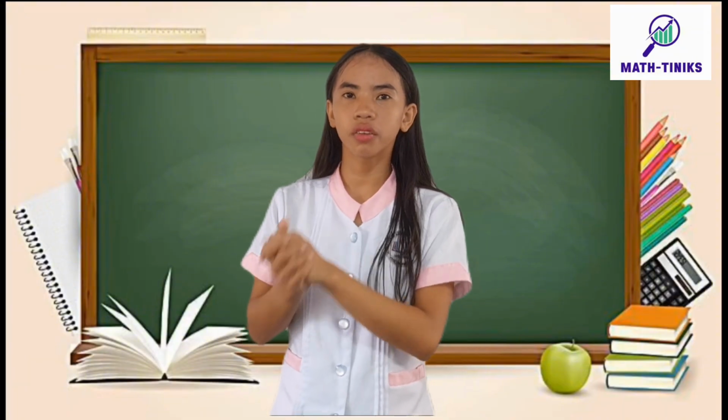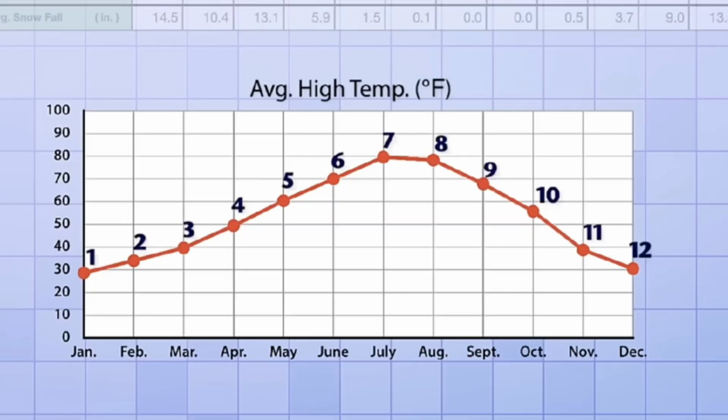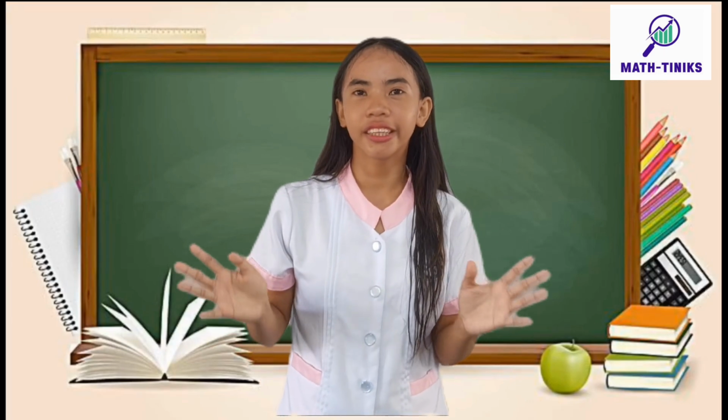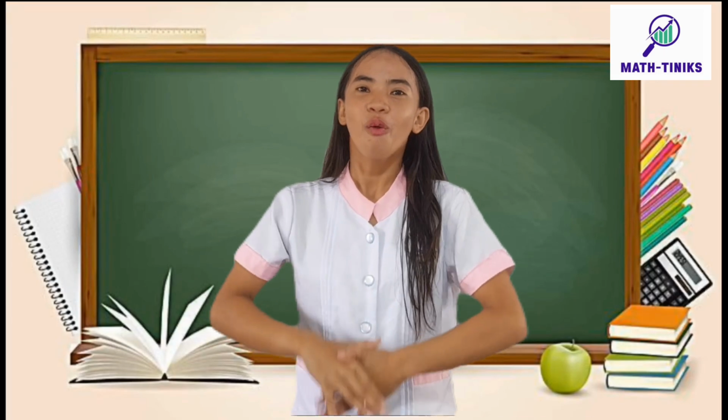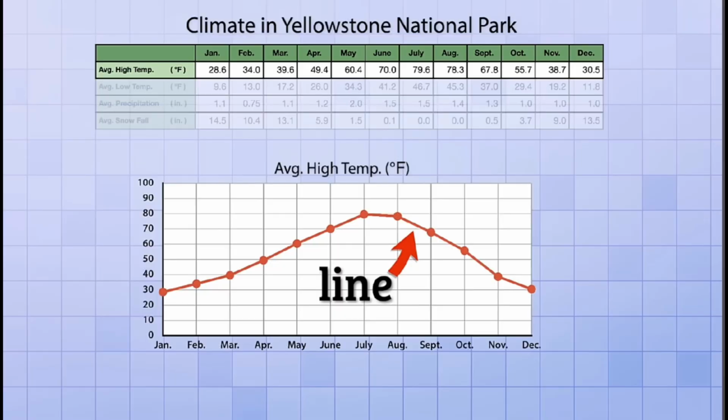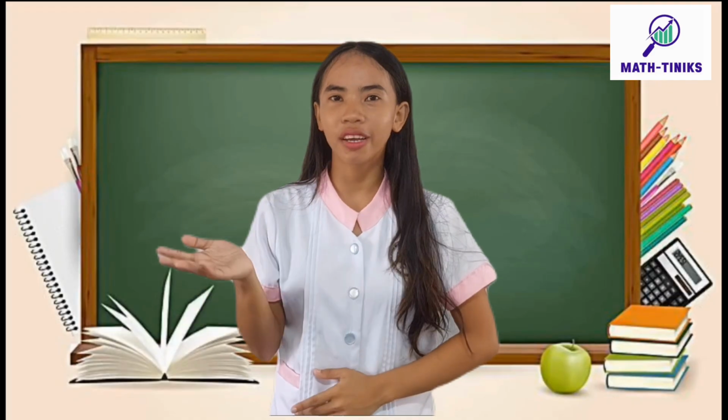And if you count them all, you'll see that there are 12 dots total, one for each value in that row of the data table. After all these dots were plotted on the graph, they were connected with line segments between each adjacent pair. Why was this done?